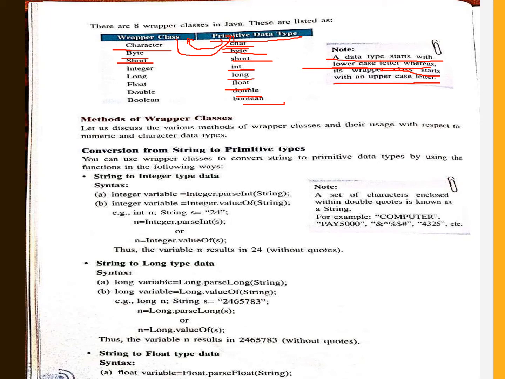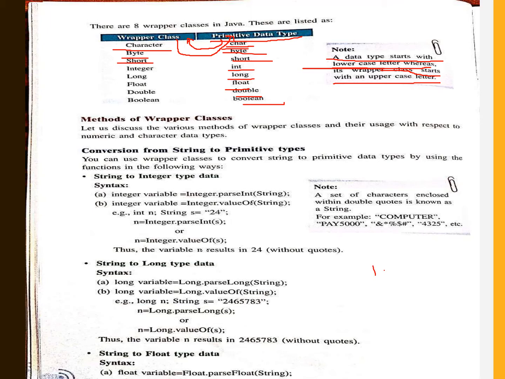So in this chapter, next topic is data conversion functions. Those functions that convert a numeric data type into a string and a string into a numeric data type are known as data conversion functions. Java provides three types of data conversion function.